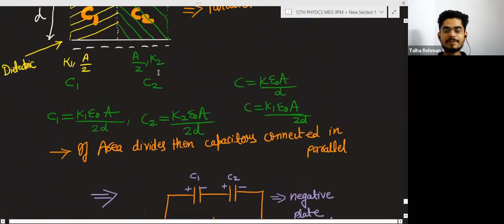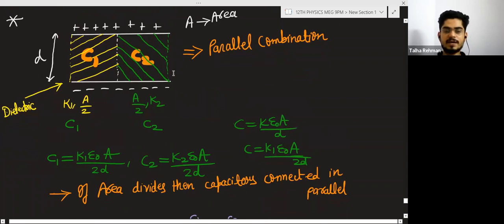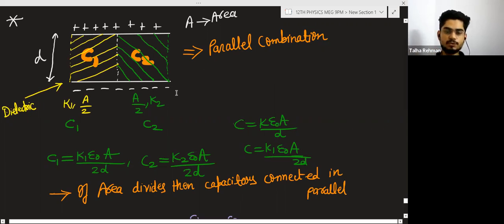After that, we have a topic: this is a parallel plate capacitor, and in half of the area we have placed a dielectric of constant K1, and in the other half of the area we have placed a dielectric of constant K2.